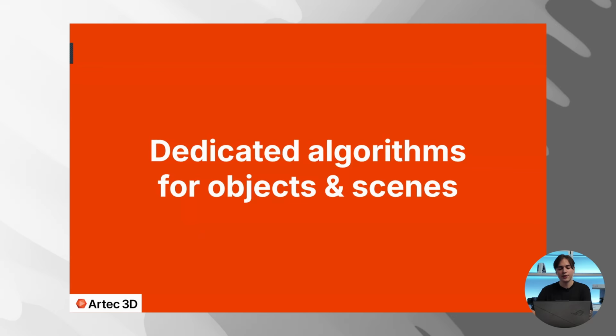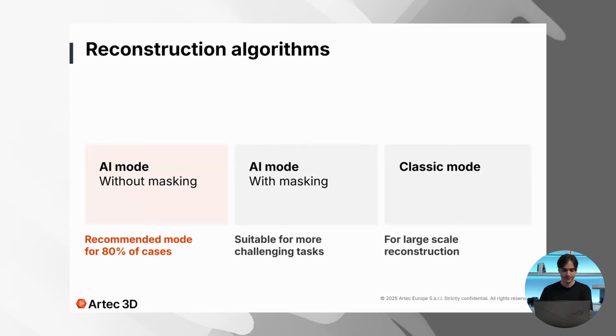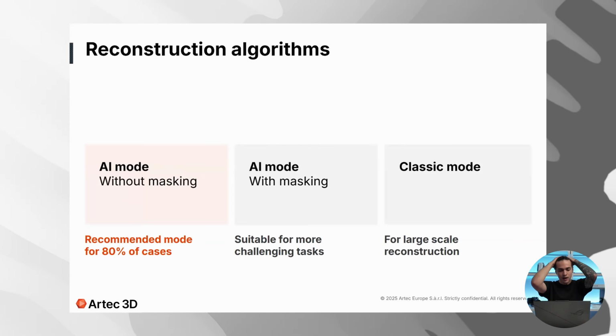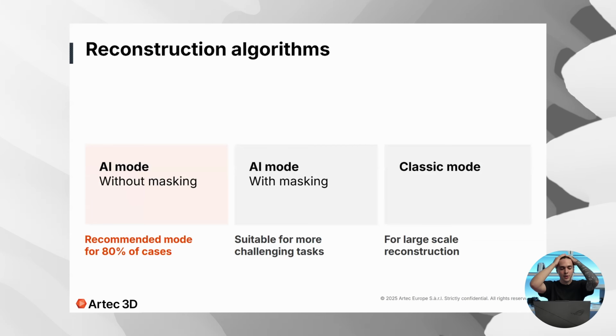So now let's talk about the dedicated algorithms for objects and scenes, what actually happens under the hood and what allows us to get such impressive results. So we have 3 different reconstruction algorithms. We have 2 different AI modes.